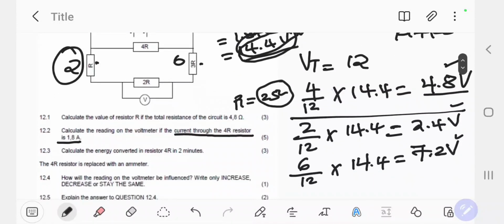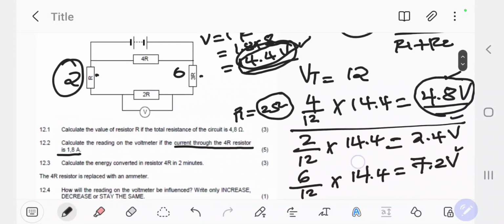Let's add them and see if we can get that. 4.8 plus 2.4 plus 7.2, guys, is going to give us the 14.4. And then mind you, the answer they're looking for is going to be the 4.8 volts there.